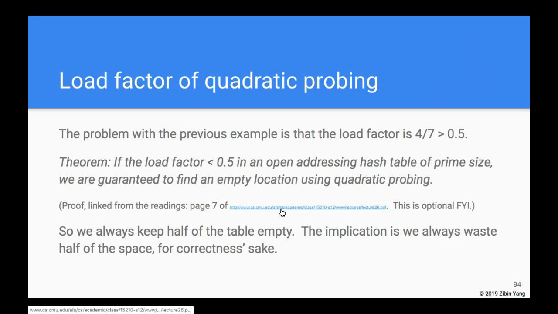I replicate the URL here. Feel free to read it and try to understand it on your own, but it's optional. What this says is that for quadratic probing to work, we have to always keep half of the table empty. The only problem is obviously that we are wasting half of the space, which could be acceptable depending on your application.